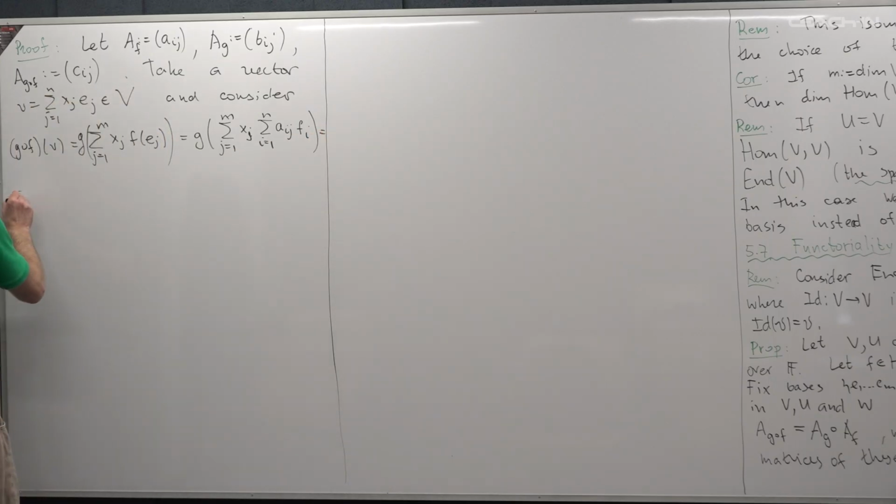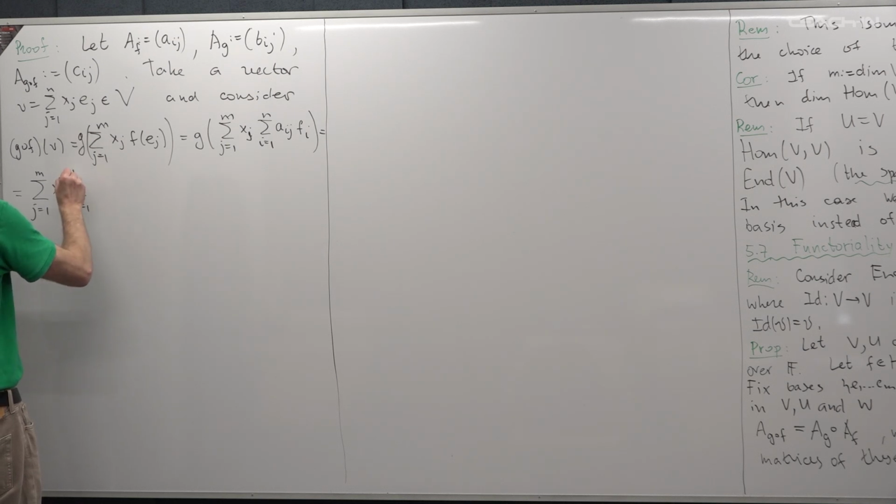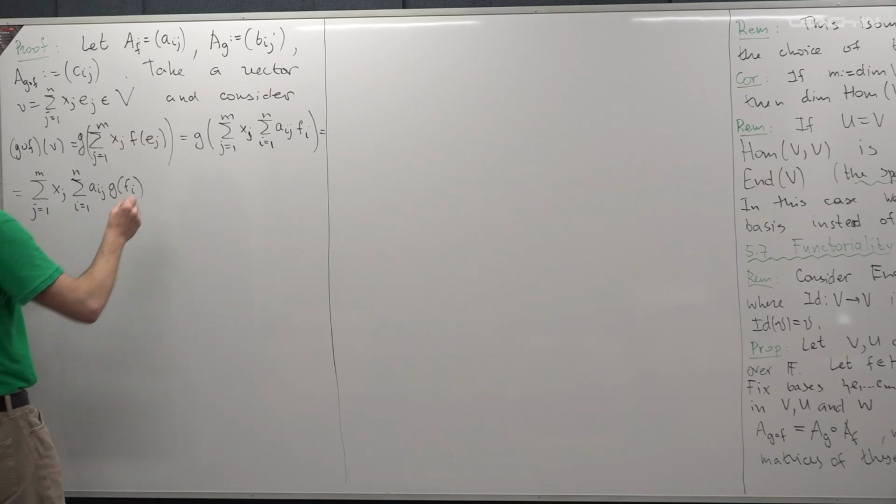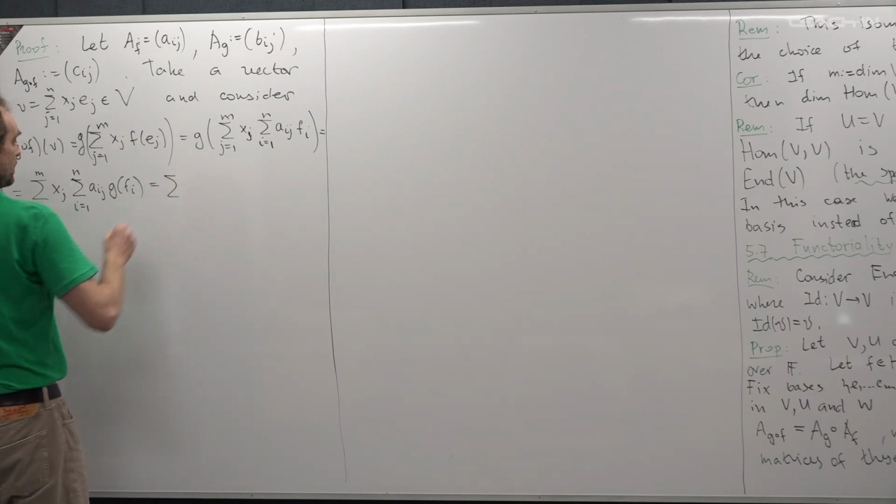Then I continue this relation, so I get the sum where j ranges from 1 to m, x sub j, the sum where i ranges from 1 to n, a sub ij times g of f sub i.